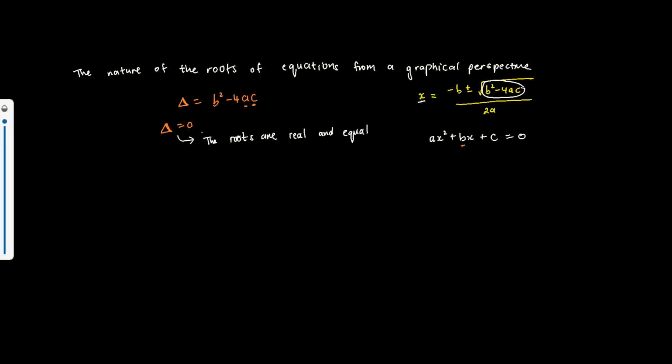And of course, is 0 a perfect square? Actually it is. It's an integer multiplied by an integer, 0 times 0, and 0 is an integer as well. Therefore we can also conclude that it is rational. That means the roots are rational.